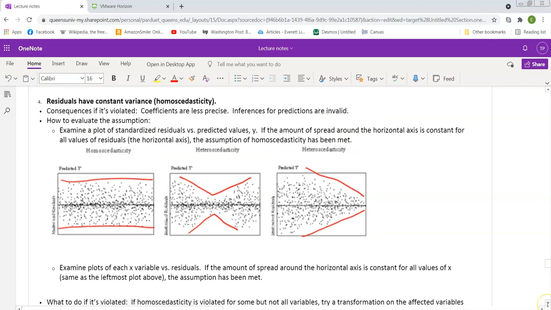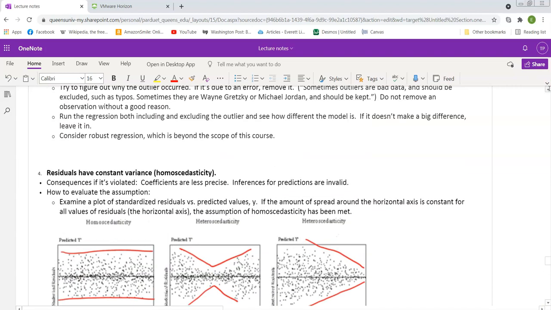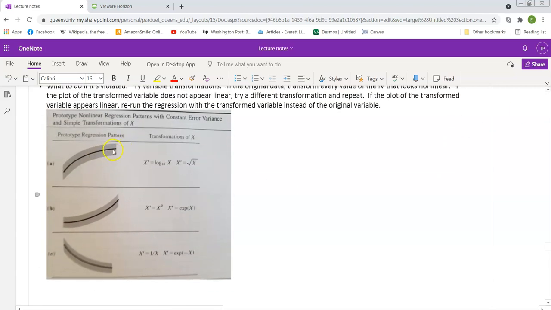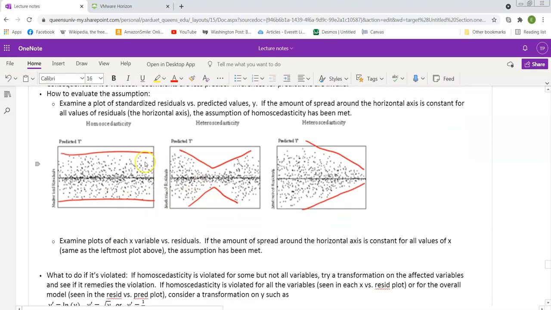So speaking of what to do about it, what would we do if that's violated? Well, we might try a transformation of some of the x variables. If we see something in the previous assumption that's not linear and fix it, that may fix this.